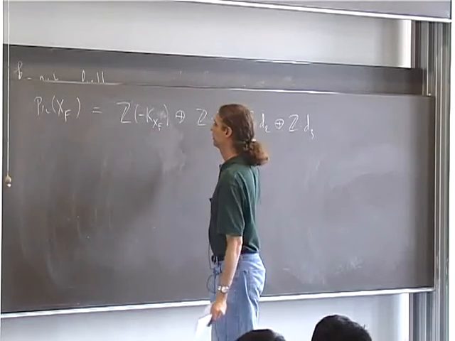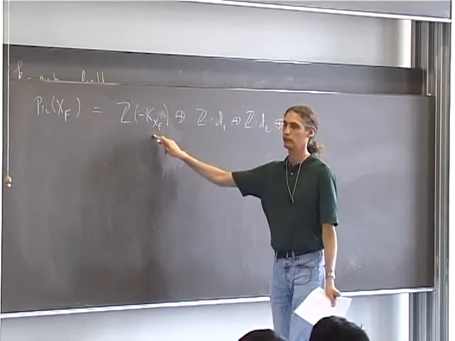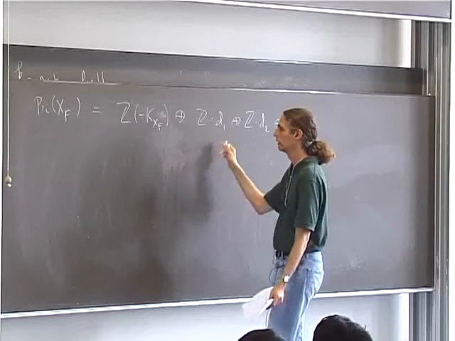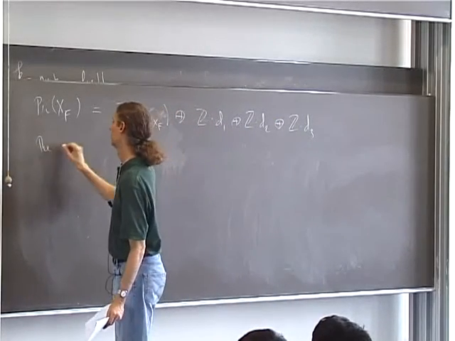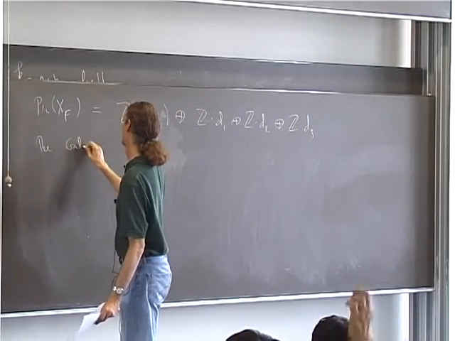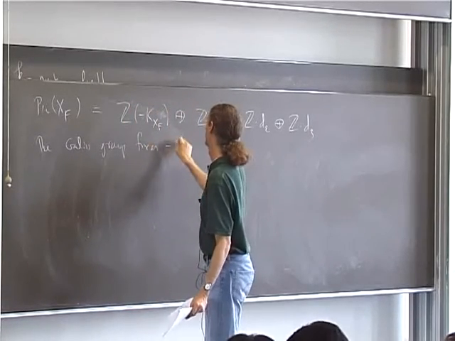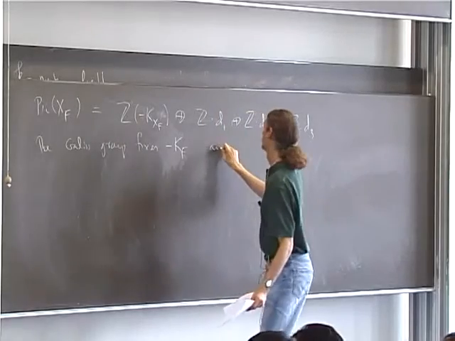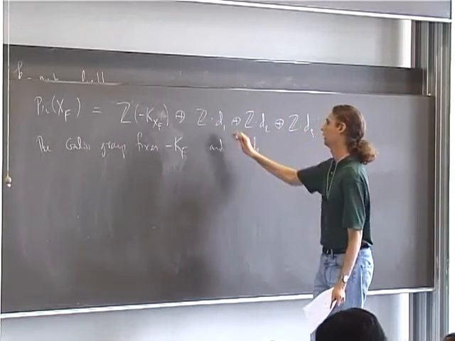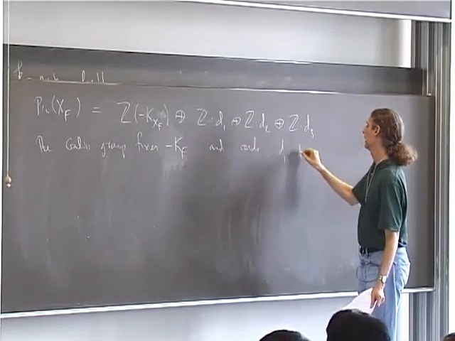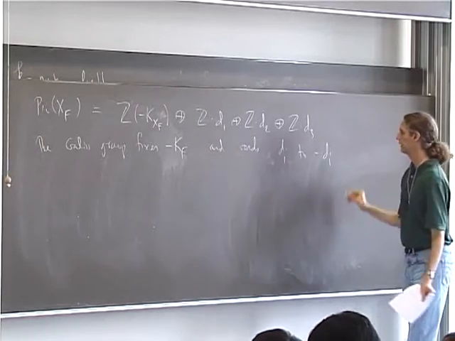So we have this, and this is obviously Galois invariant. And the Galois action sends each d_i to minus d_i.